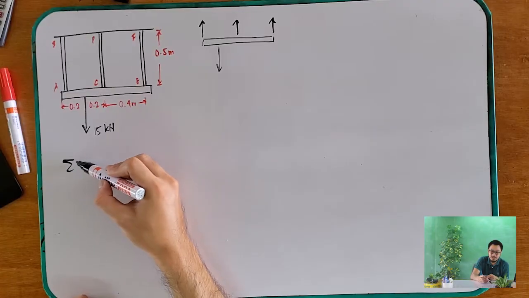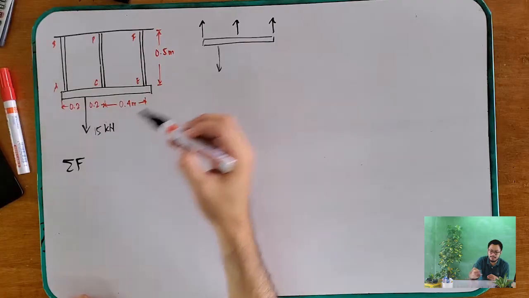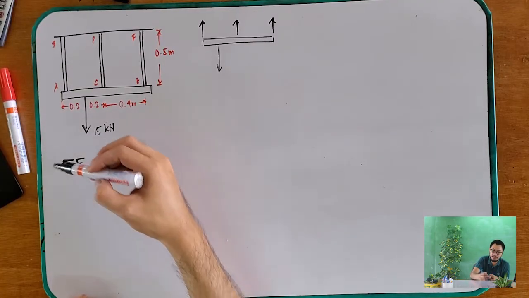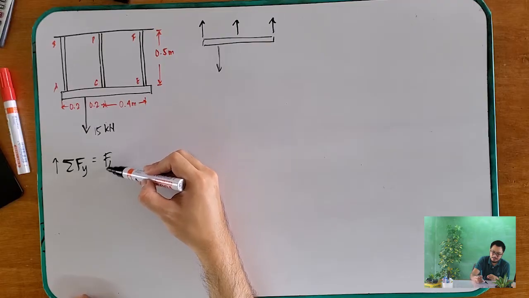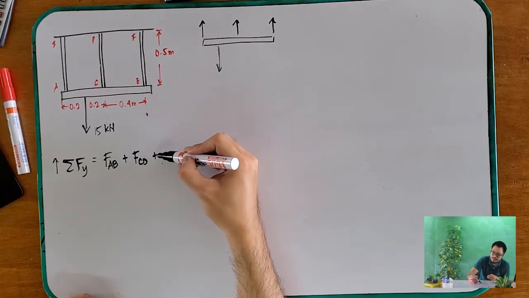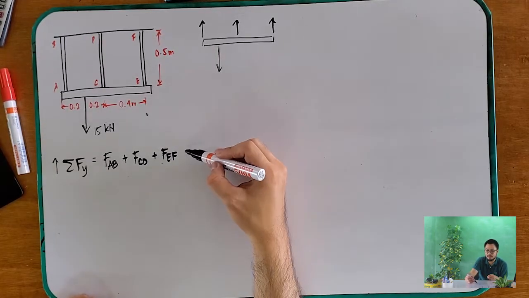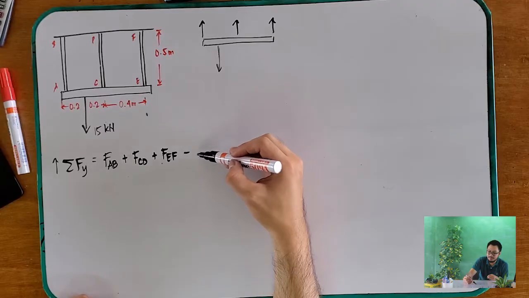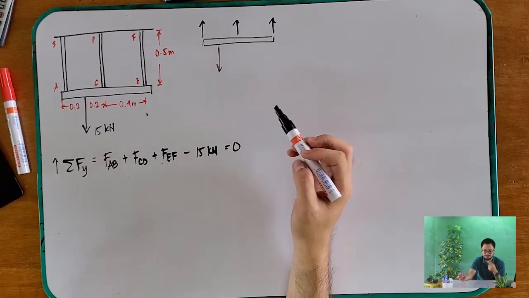So, summation of forces along the x, we cannot use because we don't have any x component. So summation of forces along the y is equal to F AB plus F CD plus F EF minus 15 kilonewtons is equal to 0.